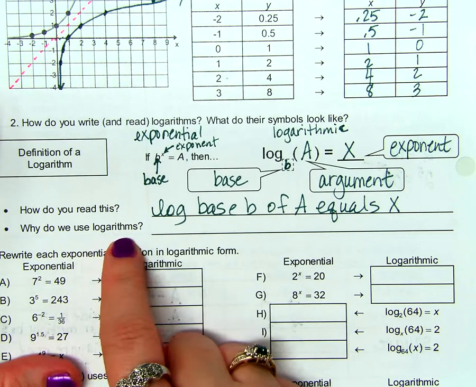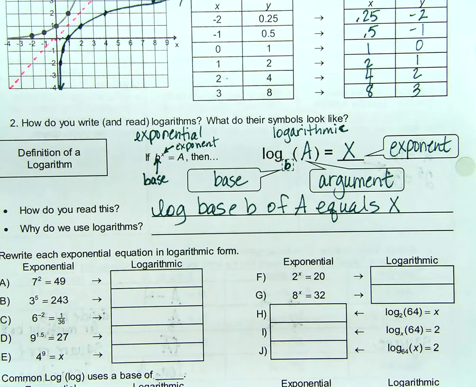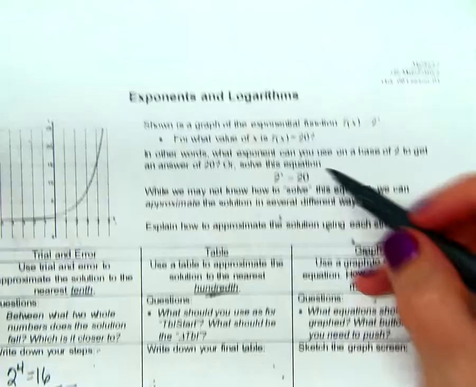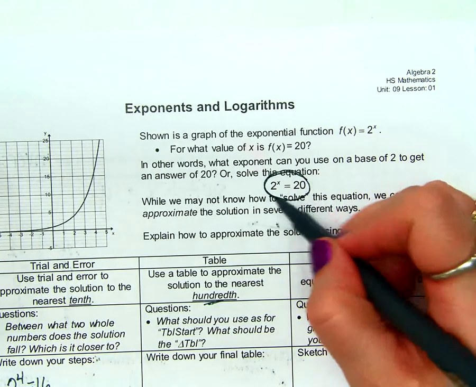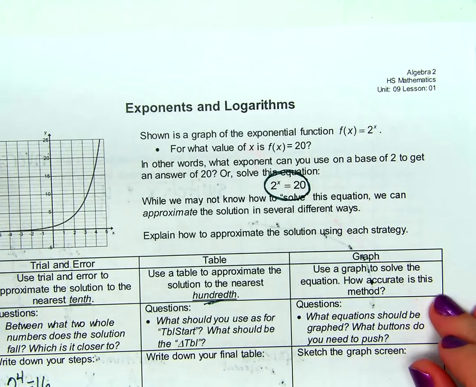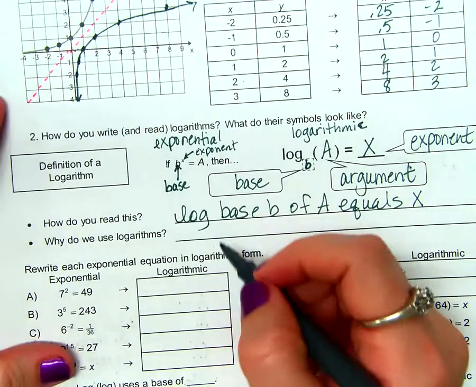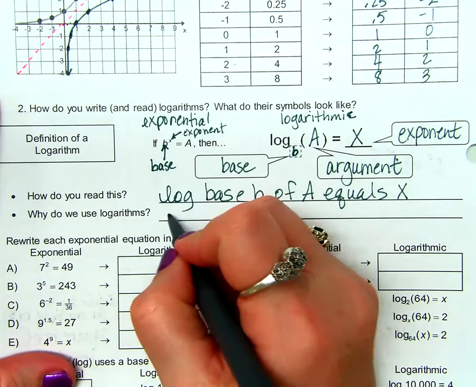Okay? All right, one of the most important questions of the day. And I've actually already answered it for you. Let's see if you can figure it out or remember. Why do we use logarithms? What's the problem with this equation if I'm solving? Very good. Okay? So why do we use logarithms?